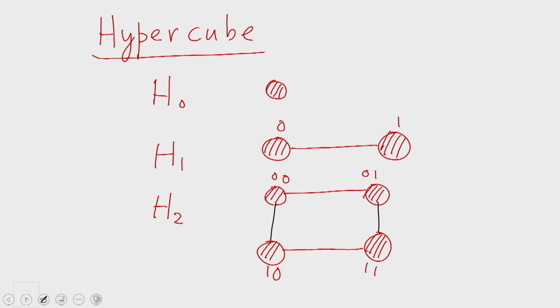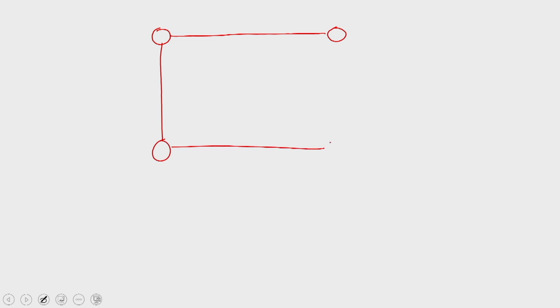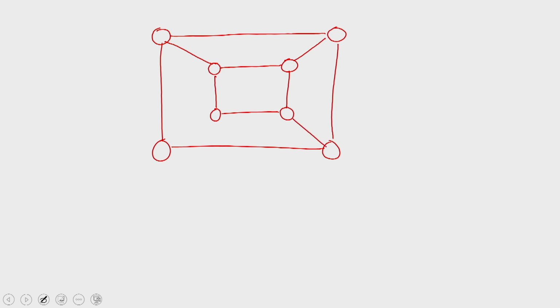Then a hypercube of dimension 3 can be obtained by taking two copies of two-dimensional hypercubes. So this is one copy. This is another copy, and then we connect the corresponding nodes.